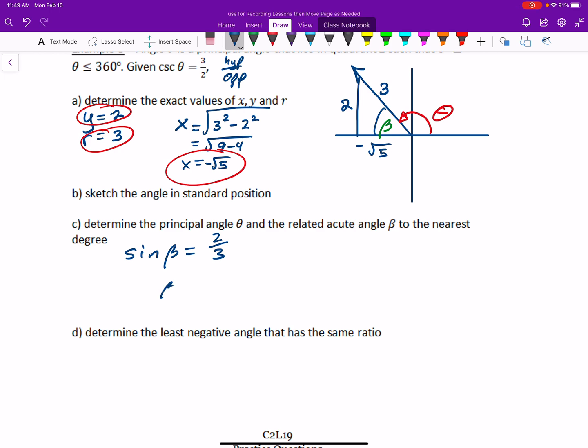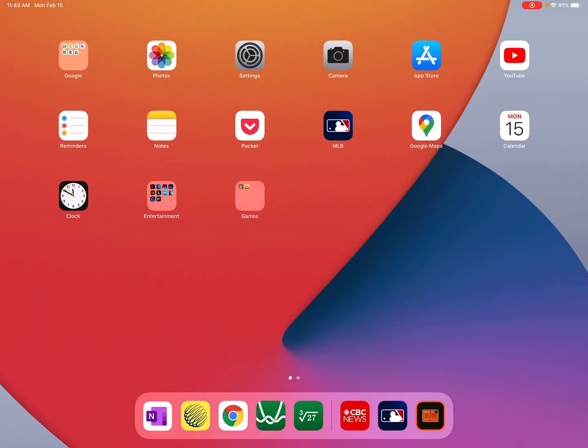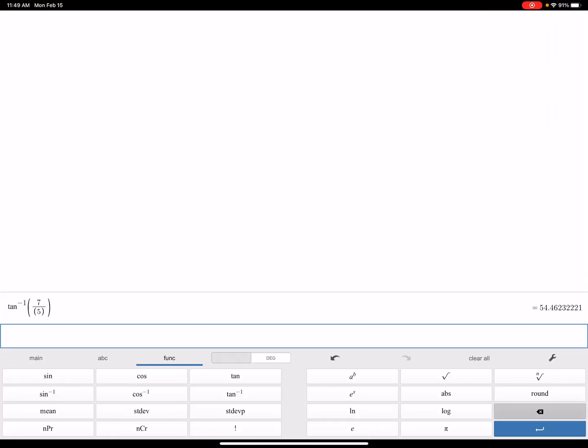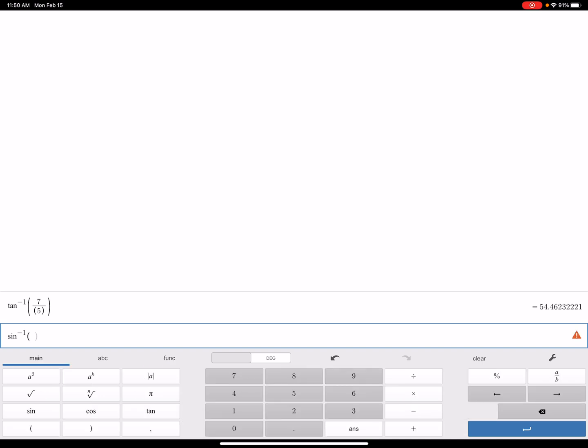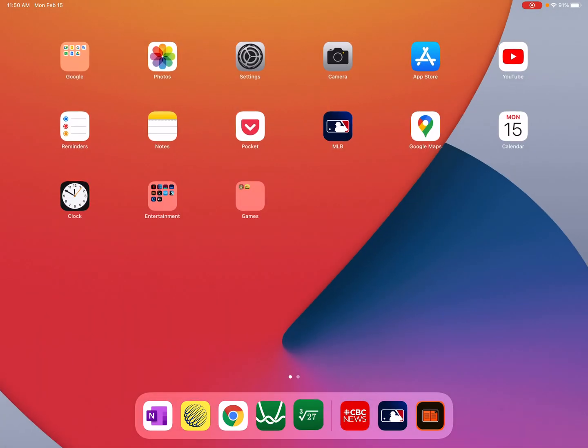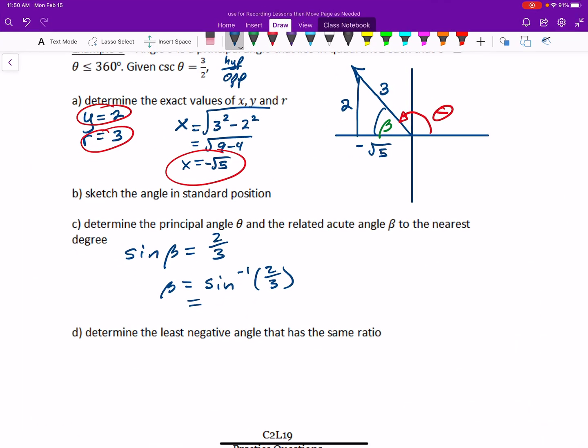So beta is going to equal the inverse sine of 2 over 3, which on my calculator is, I'll just do 0.6 a bunch of times because that's what 2/3 is. And I get about 42 degrees. So beta is 42 degrees. So this angle in here is 42 degrees.